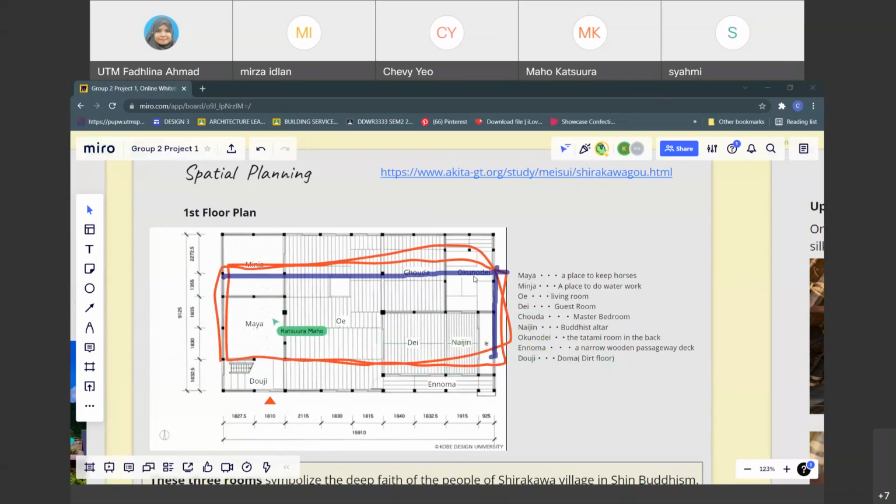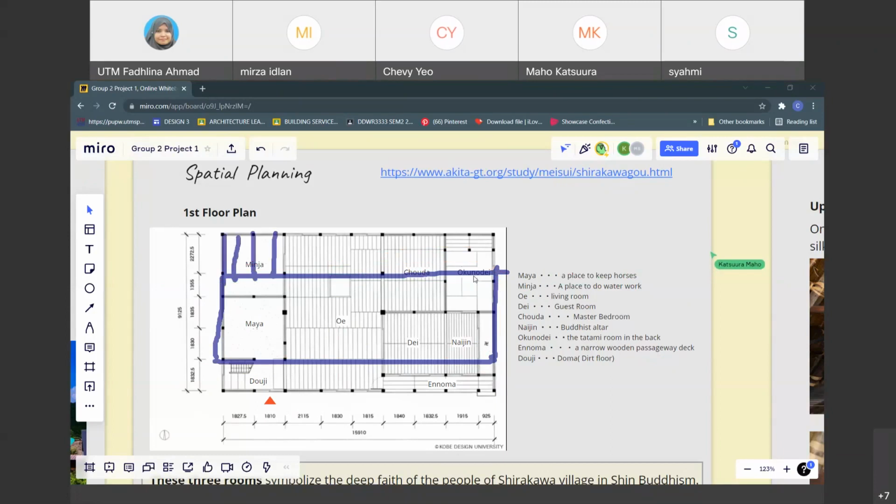Okay. Although you cannot get the first floor plan, at least you know where the attic is situated and how it is supported. If it is here, then you have the structure of the roof over here, right? Yes. So at least you understand about this one. Although you cannot get the first floor plan, these are the things that you need to understand, right?